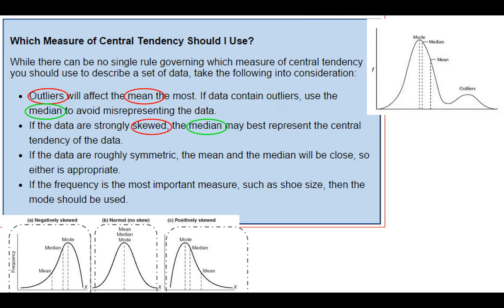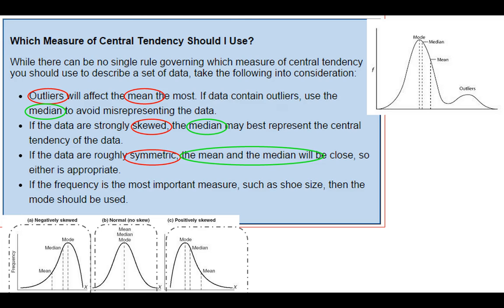Now, finally, the third consideration. If you have symmetric data, that means you've got as many items below the mean or median as you do above, then you're going to have a median and a mean that are close. So either is appropriate.